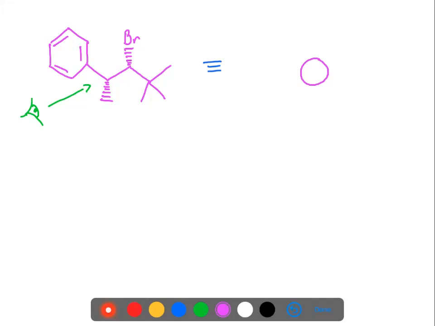So when we look from this particular perspective, the first thing you should notice is that this phenyl group is in the same plane as our carbon-carbon single bond that we're looking down. And this t-butyl group is also in the same plane as this carbon-carbon single bond. So this group will come directly vertical on our Newman projection, and this group will also be in that vertical axis, but pointing in the downwards direction.